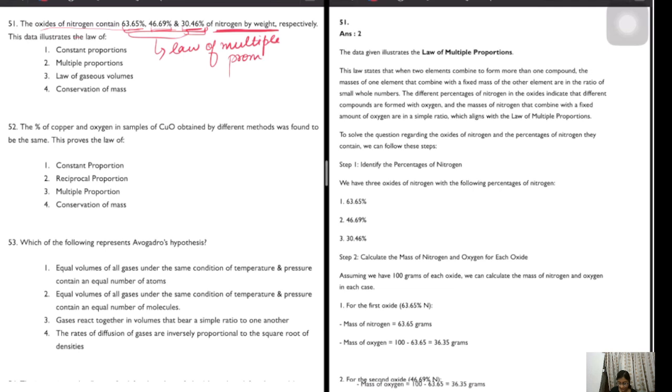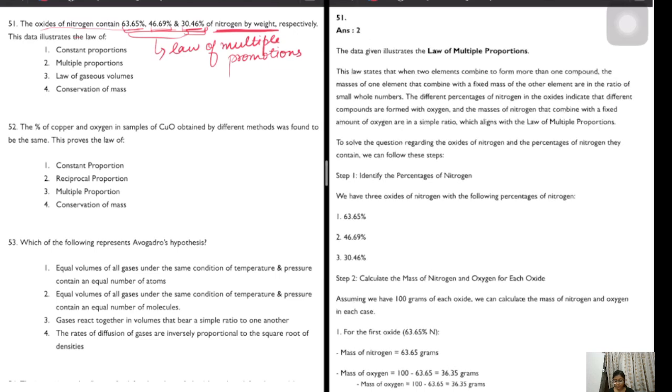Why? Let's see what it states. It states that when two elements combine to form more than one compound, the masses of one element that combine with a fixed mass of the other element are in a ratio of small whole numbers.